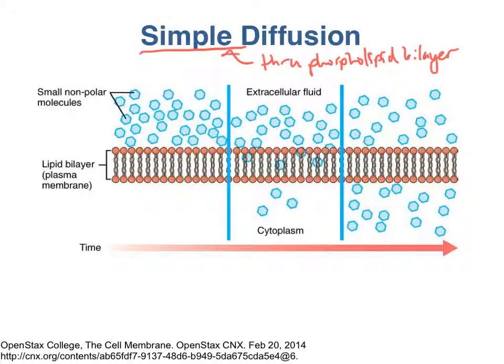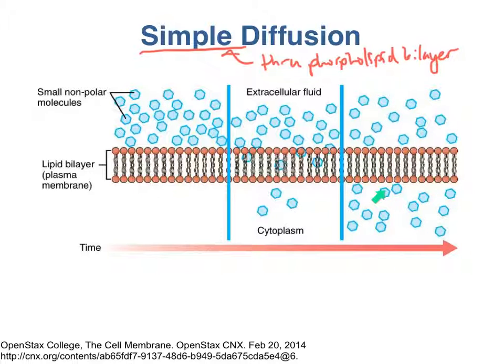This diagram illustrates one point that I want to make about diffusion. Diffusion continues until the molecules are evenly distributed. Notice that all of the molecules up here on this side of the membrane, they didn't all jump down to the bottom, but they diffused across the membrane until they're evenly distributed, until they're found in equal concentrations.